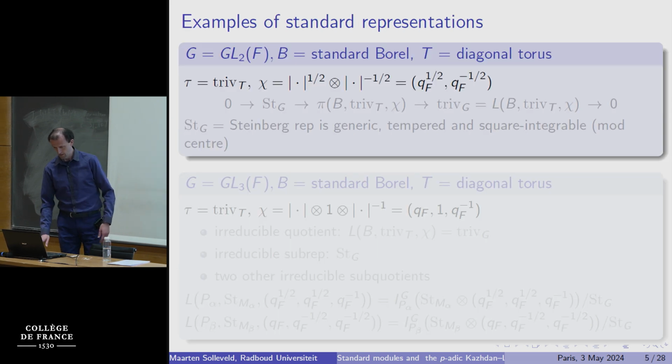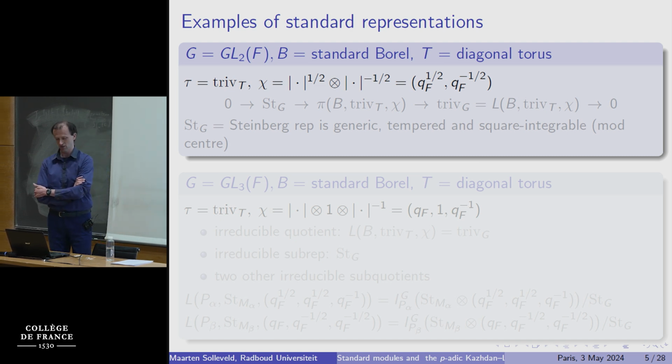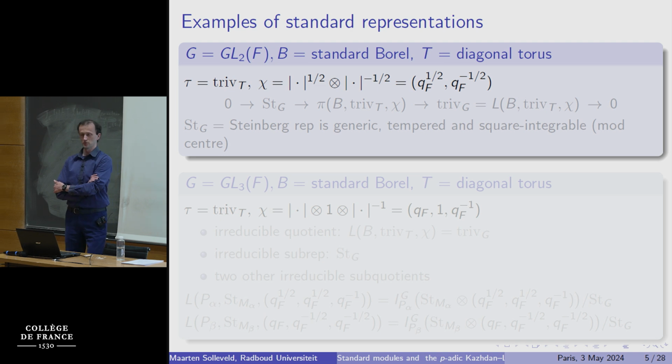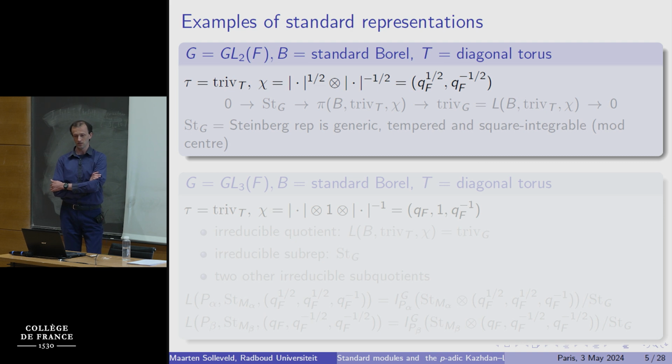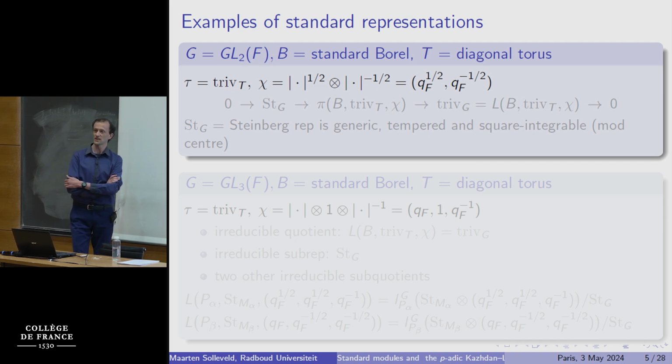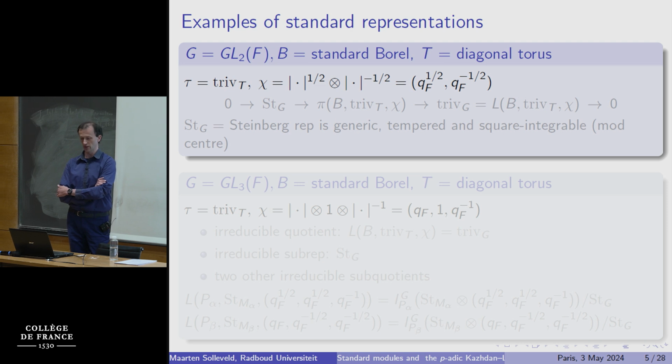So, okay, let's look at some examples of standard modules which are reducible. The first such example is obtained from GL2, or from SL2 if you prefer. You take as tempered representation the trivial representation, and then the positive character by which you twist the thing.